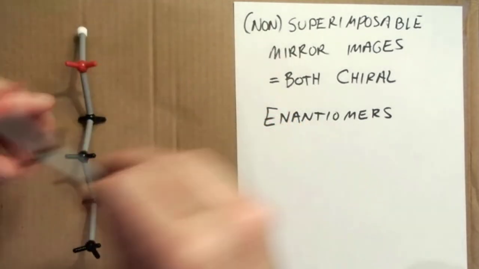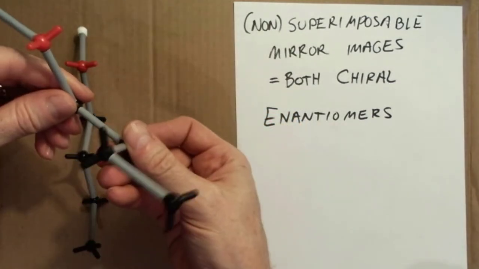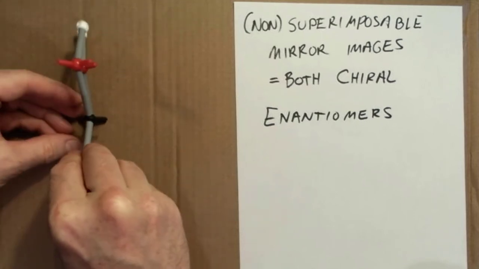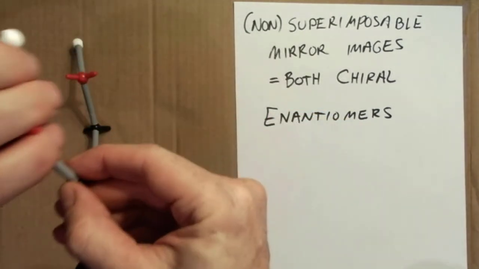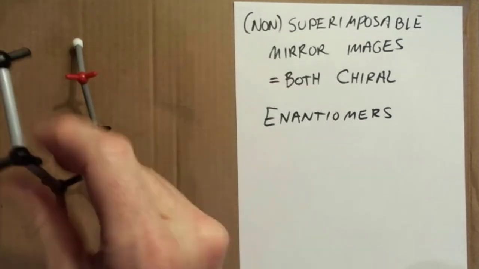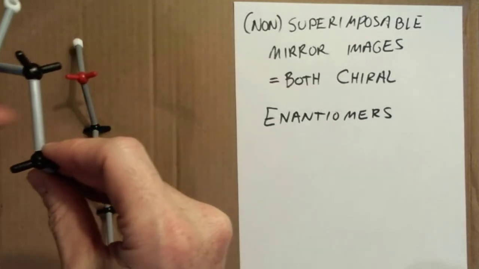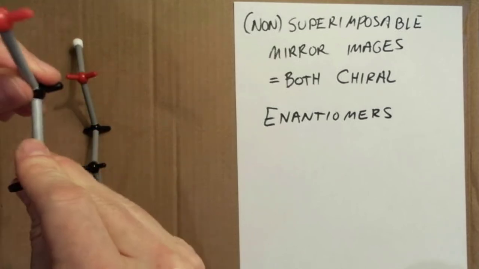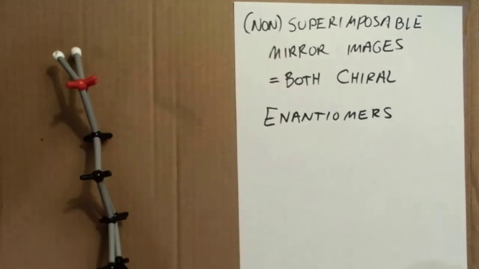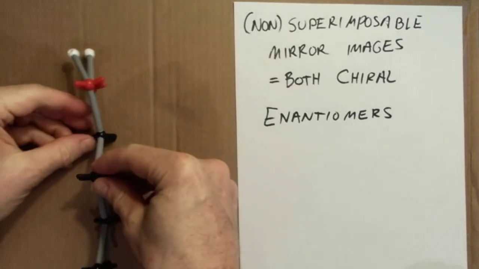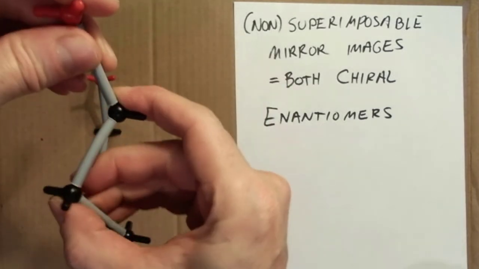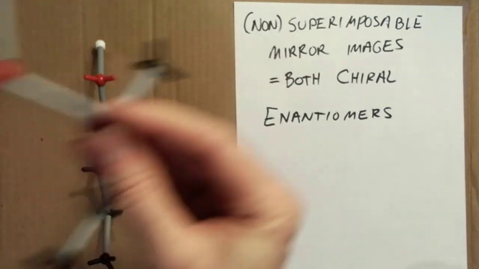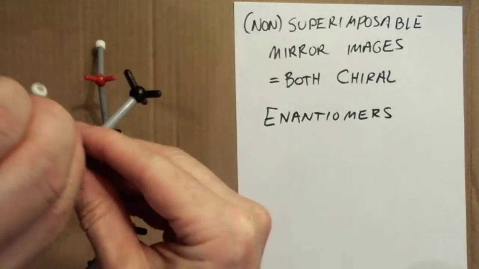But we'll always be able to adjust the conformation of one so that it overlaps the other. And if we switch the OH to another position on that same carbon, we can still twist it around so that they align.